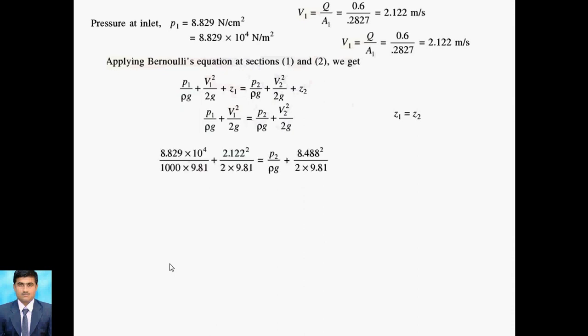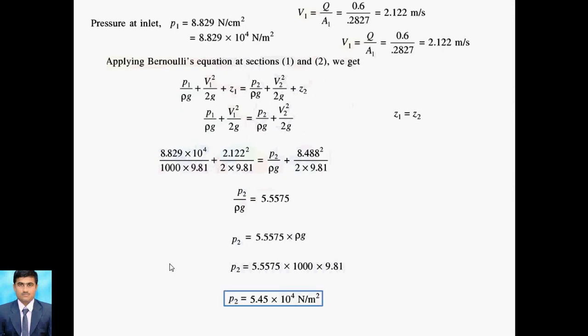After putting in P1, V1, V2, we get the value of P2. Transferring rho g over there, put the value of rho and g. Rho is 1000, g is 9.81 because the pipe is carrying water. So P2 is equal to 5.45 times 10 raised to 4 Newton per meter square.